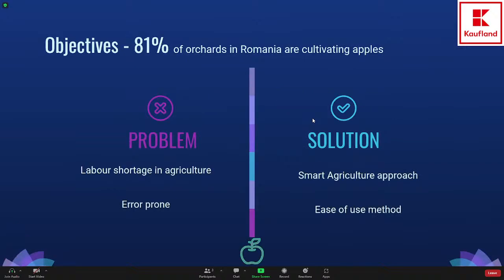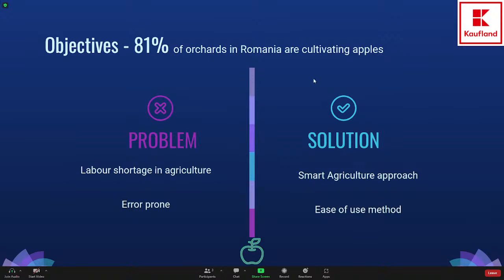As we said, yield estimation is really important, but it is currently done by humans. The problem is that labor shortage in agriculture is really present in recent years, and even when it's done well, it is error prone. So our solution offers an automated method, because it is faster, and we hope it's more precise.